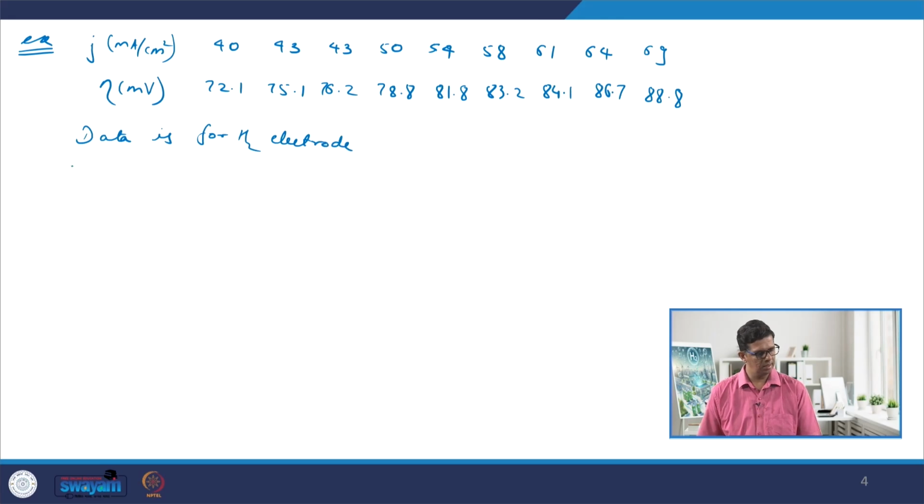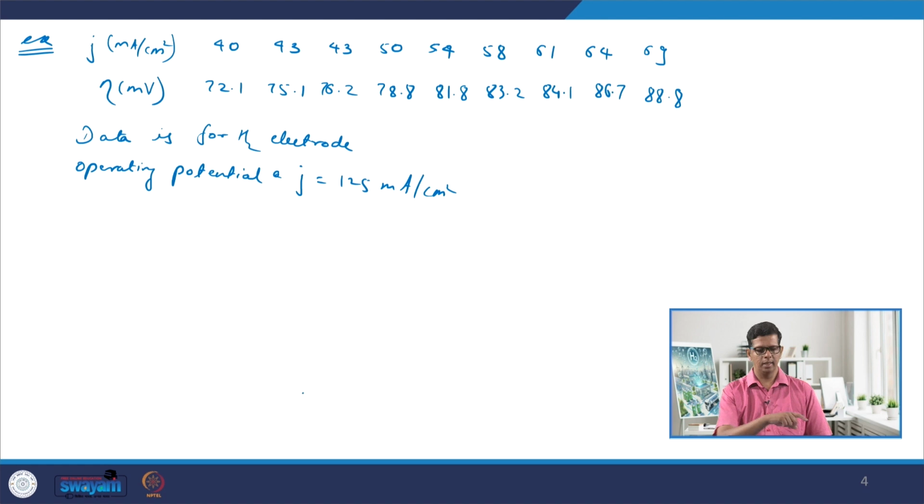What we have been asked is to find out the operating potential when we are drawing current at the rate of 125 milliamps per centimeter square, which is not there in this data. So we need to plot this.